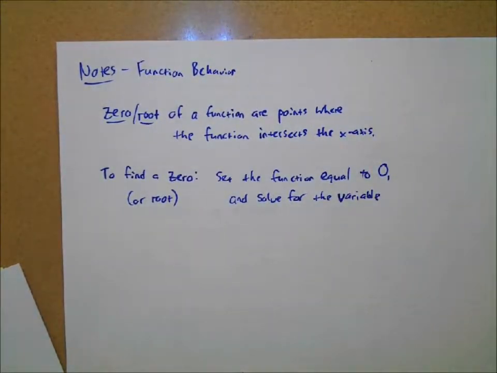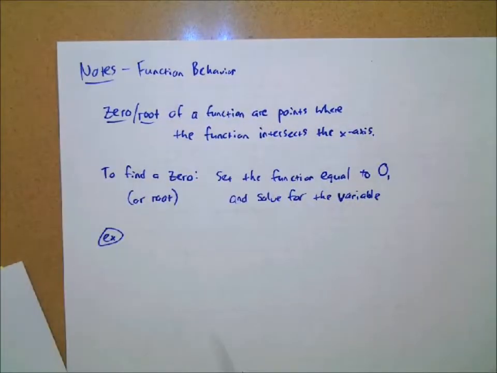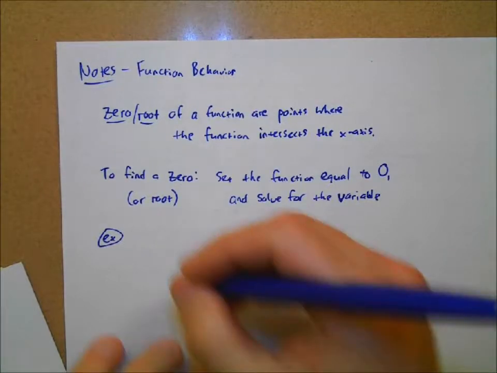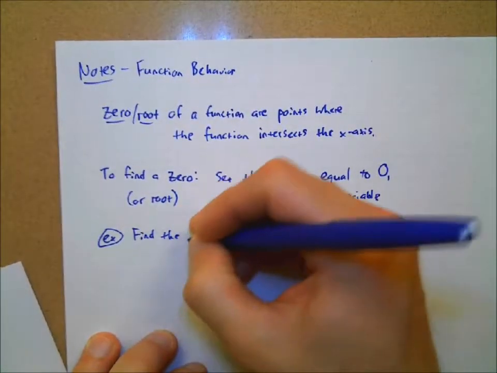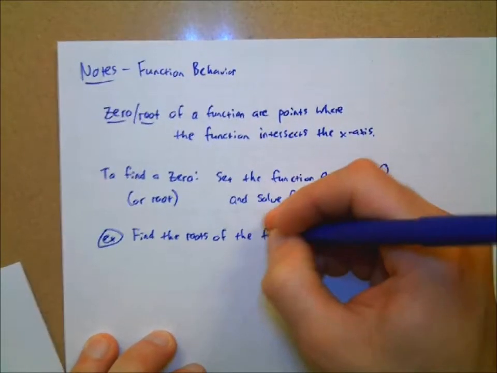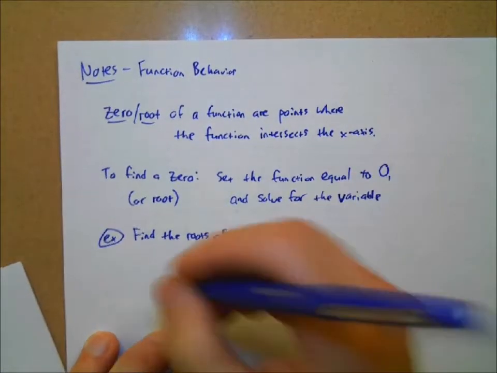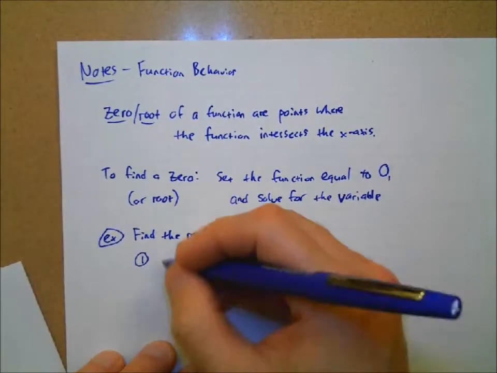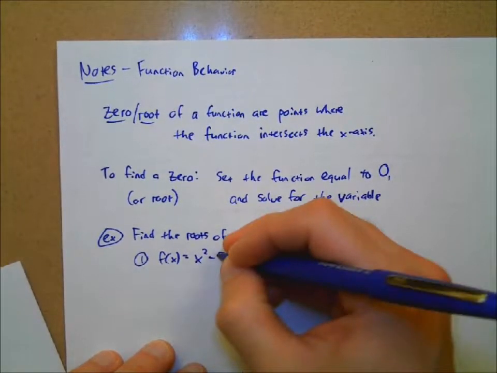So let's do a couple examples here together, and then we'll have you try two on your own. Find the roots of the following: f of x equals x squared minus 5x plus 6.